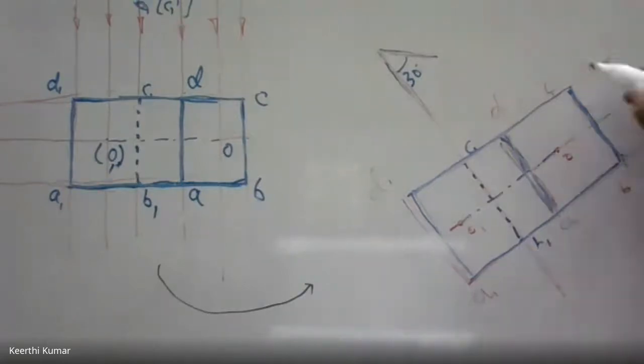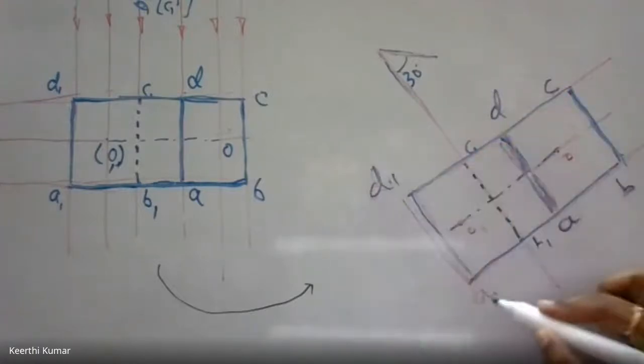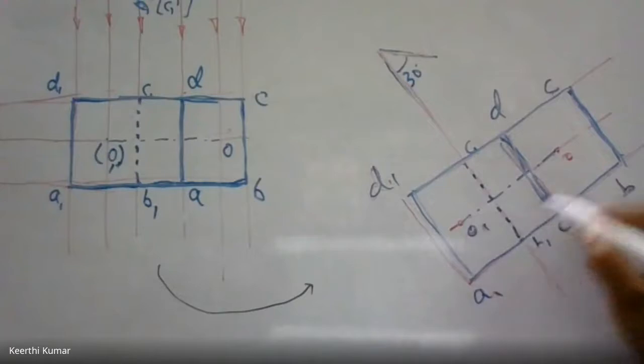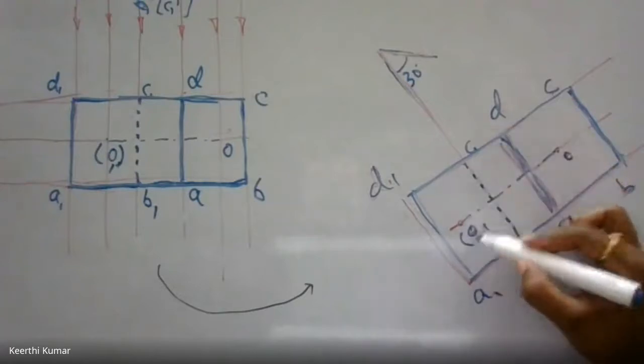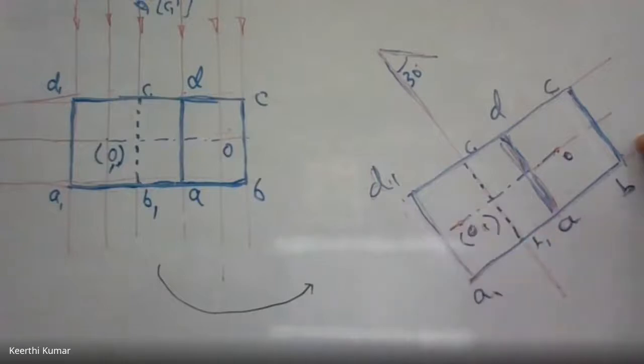Okay, all the points are done. This is C, this is B, this is A, D, D1, E1, O1 and O, where O1 is in bracket. Here also I'll put O1 in bracket. Same figure from here to here, I'm copying, that's all. But while copying, be careful about the procedure to be followed.